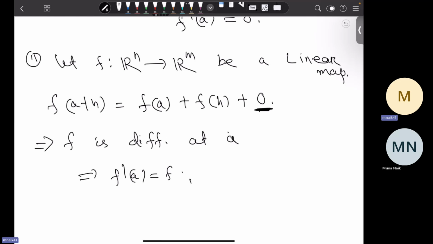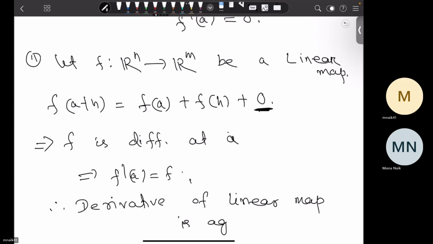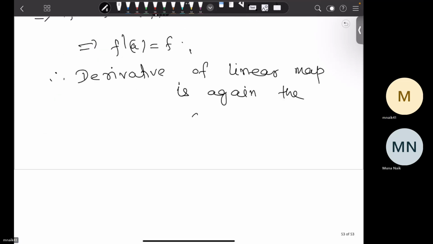If T is a linear map, then the derivative of T is T. So f prime of a is equal to f, and this happens for all a belonging to R^n. The derivative of a linear map is again the same linear map.